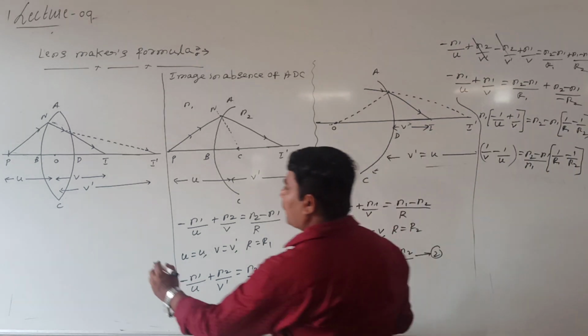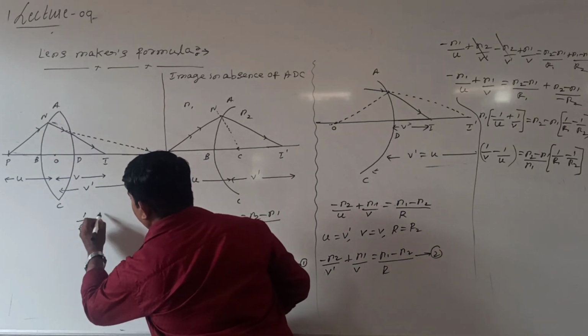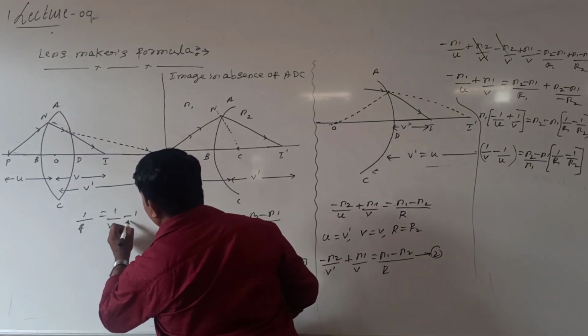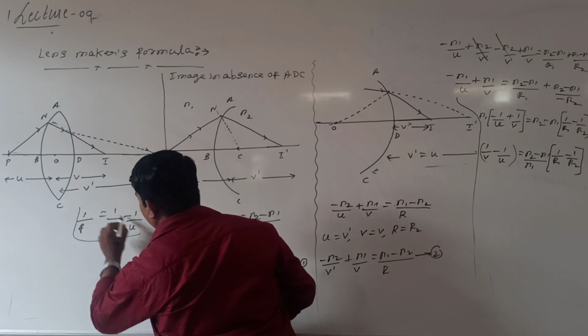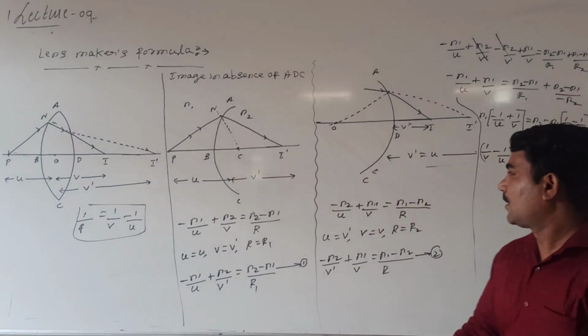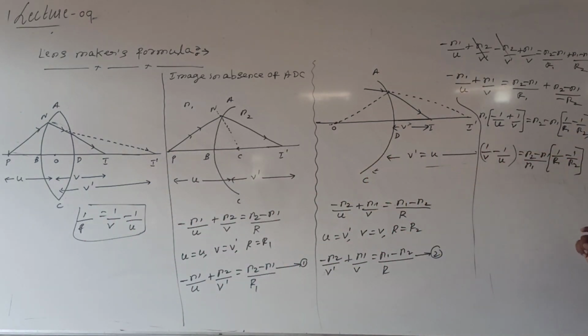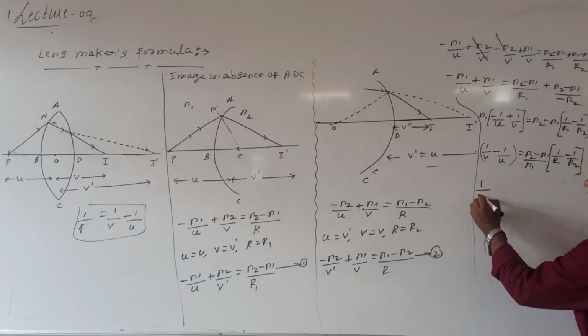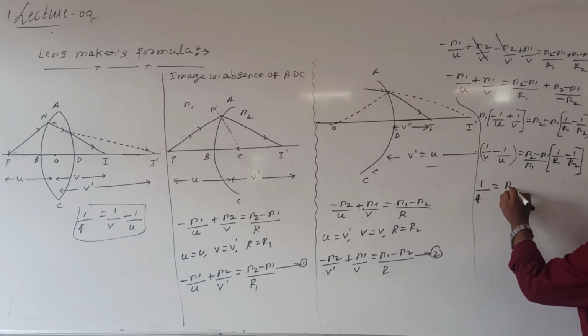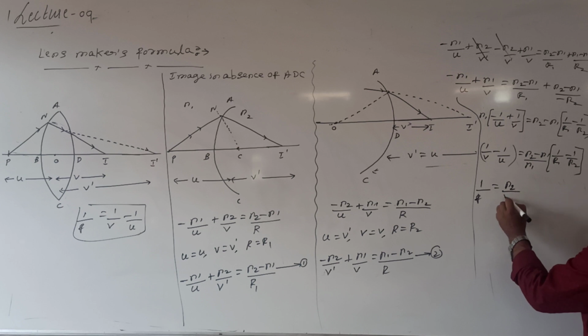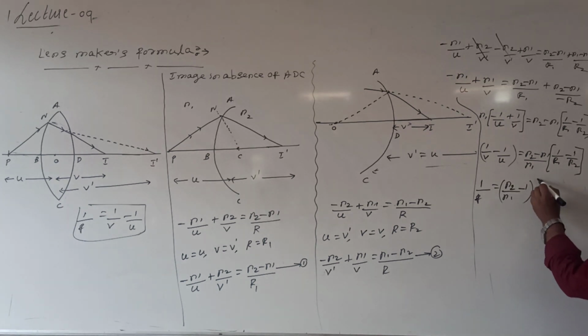Already we obtained 1 divided by F is equal to 1 divided by V minus 1 divided by U. This is lens formula. 1 divided by V minus 1 divided by U is equal to 1 divided by F, is equal to N2 divided by N1 minus 1 into bracket 1 divided by R1 minus 1 divided by R2.